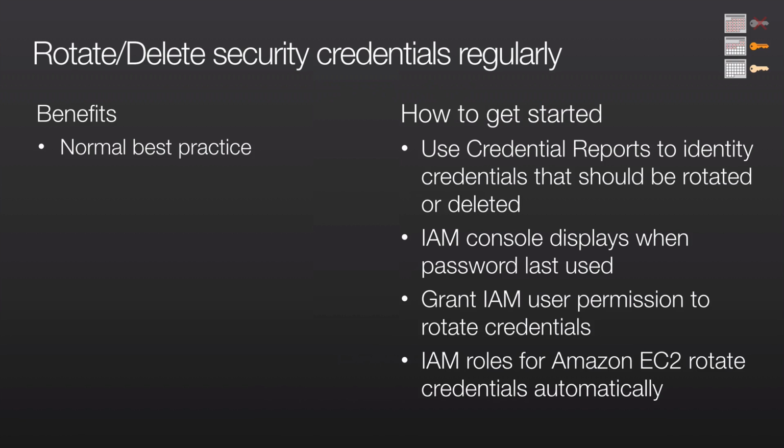And you can see this information in the IAM console, as I said, and you can grant an IAM user permission to rotate credentials. It's also worth noting that IAM roles for EC2, which we're going to talk about a little bit more extensively later in the session, perform automatic credential rotation for you. So if you are accessing AWS API endpoints from EC2 instances, we'd strongly recommend that you use IAM roles for a number of reasons, one of those being automated credential rotation.